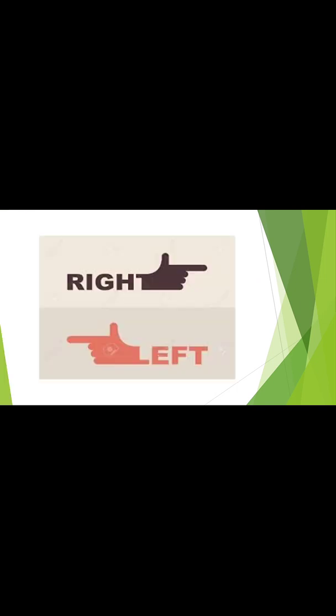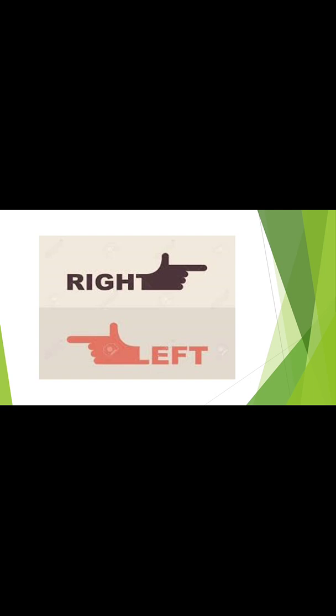In the first picture, what are you seeing? Here the two hands are showing the different directions. Right? See the first picture. It shows the right direction and the second one shows the left direction.